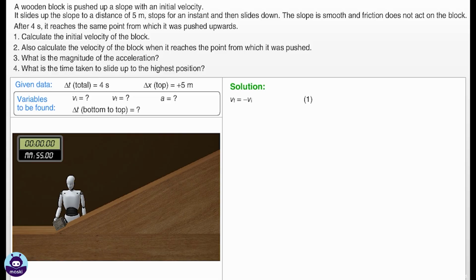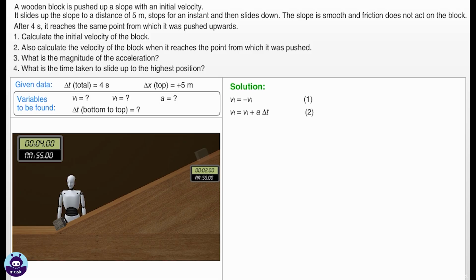Also, the time that it will take for the block to slide from the initial position to the top is the same as the time that it will take for the block to slide down from the highest point to the final position. This is a very important idea, known as time symmetry. We use the equation of motion that relates the initial and final velocity. V final equals V initial plus a delta t.